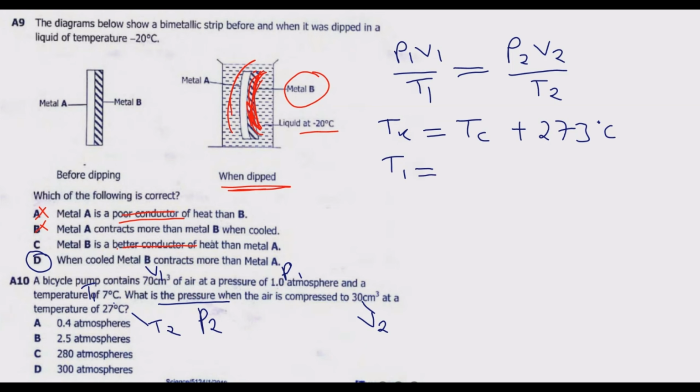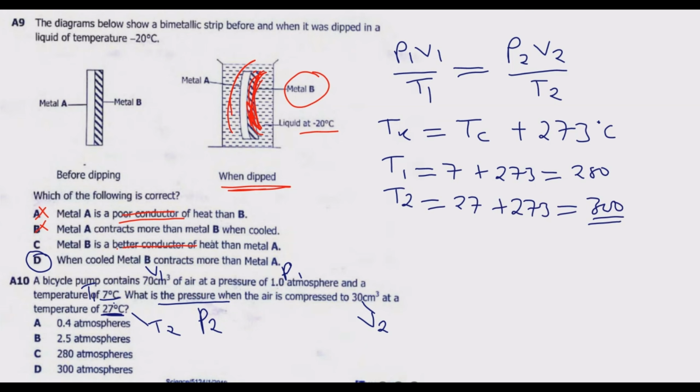It will be 7 degrees Celsius plus 273, which gives us 280. Then temperature 2 will be 27 degrees Celsius plus 273, which gives 300. So these are the temperatures we are going to use. This is where you need to be very, very careful. If you can remember this, then all is well.